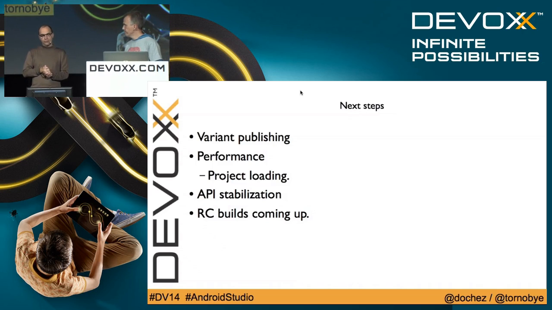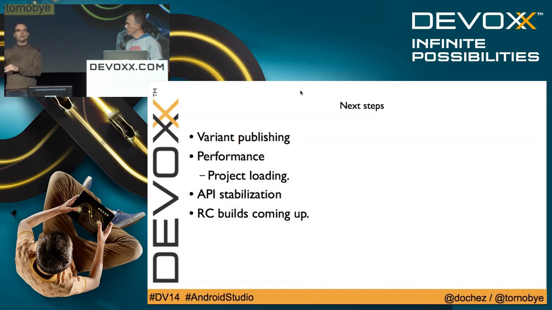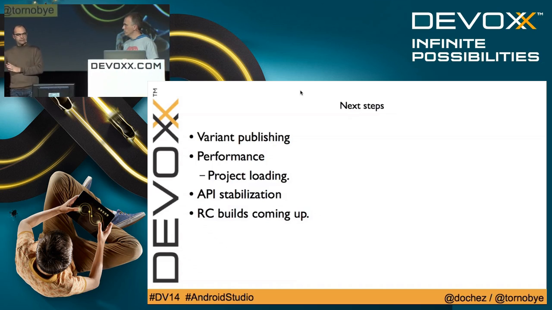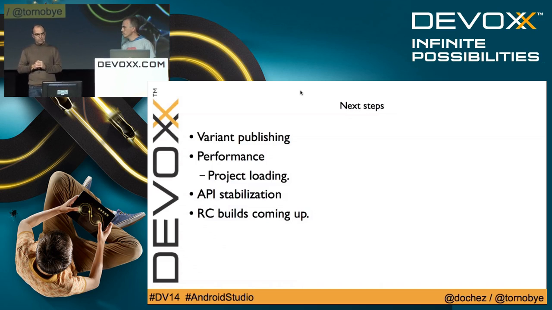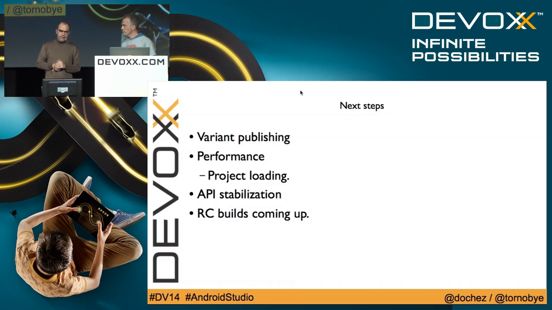And we're also going to try to stabilize the API that you can use to declare and to manipulate variants, the stuff I was showing earlier. Again, we might have to change it in the future. We'll try to make it backward compatible with deprecation warnings for a while and stuff like that. So API stabilization is very important right now. We're going to try to make it stable, basically.